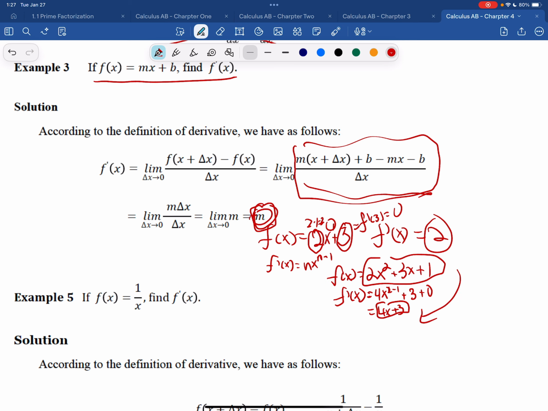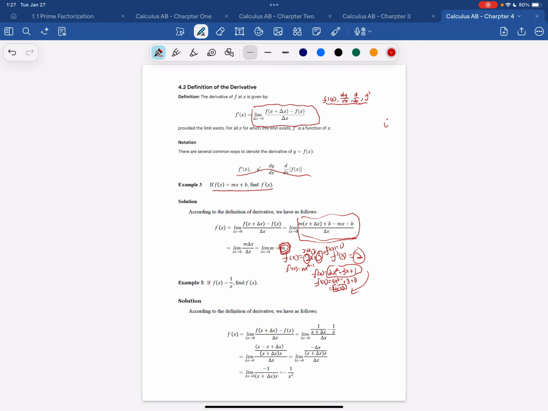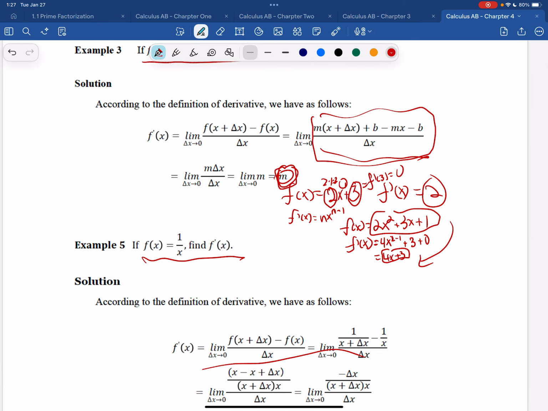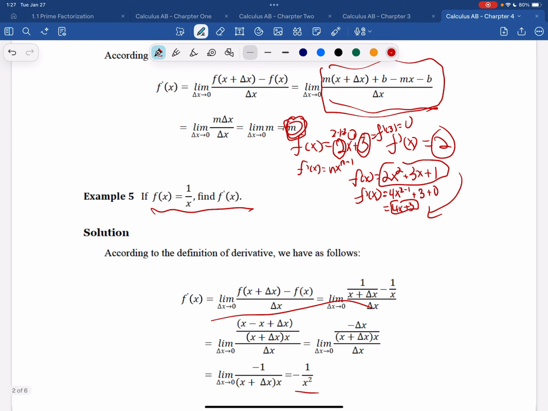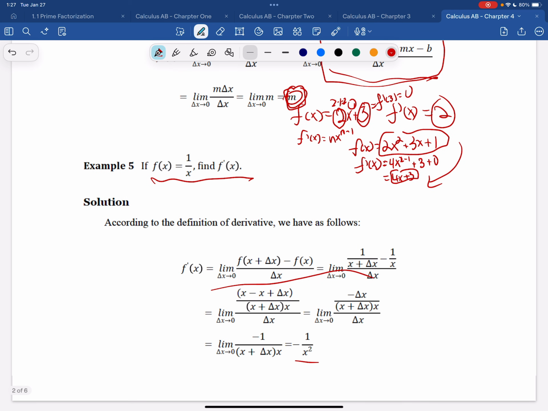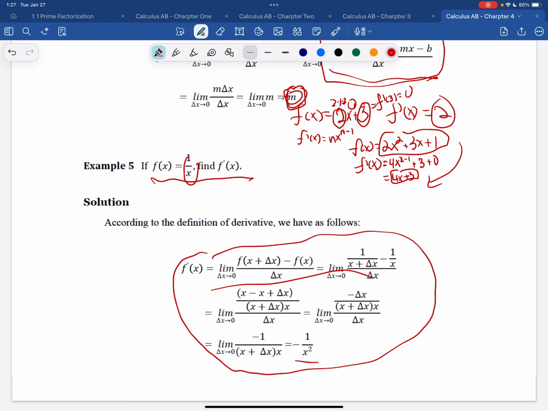Okay, same here. You just plug everything in, and you get negative 1 over x squared. Okay, so in the test, you don't actually have to do this. You just have to memorize a few derivatives, such as, for example, f prime of ln x is equal to 1 over x.